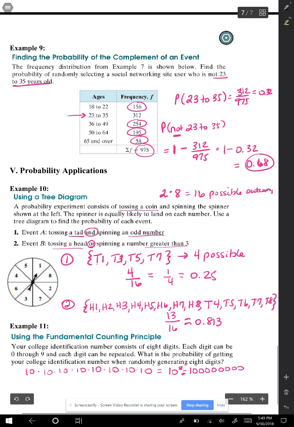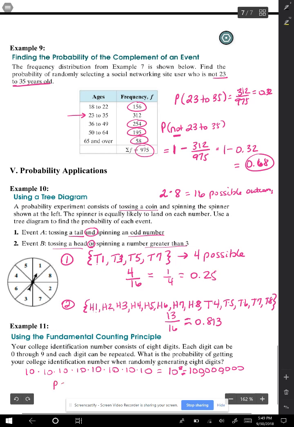Which would be a 1 with 8 zeros. So there are 100 million different 8-digit identification codes that could be created. 100 million. So the probability of choosing your identification code would be one of those 100 million.